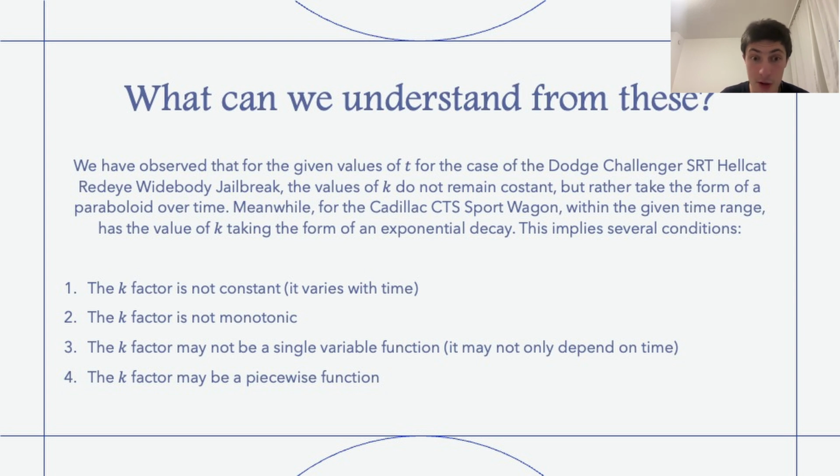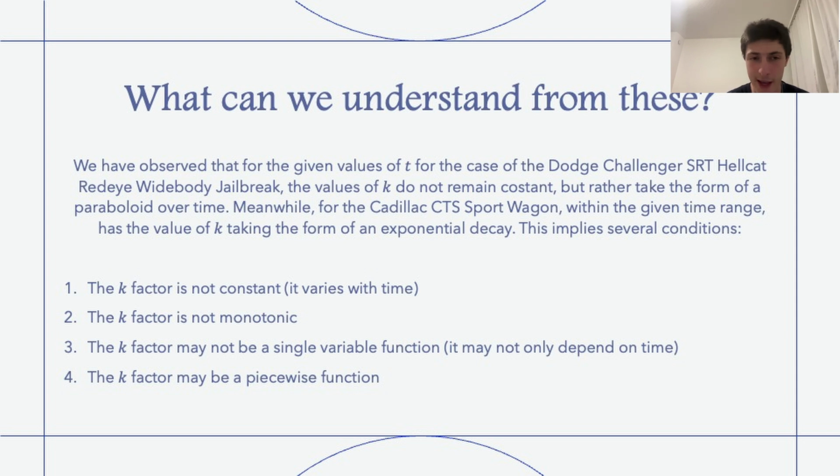And the k factor is not monotonic. That can be the reason: if we look at the Dodge Challenger SRT Hellcat Red Eye Wide Body Jailbreak, the trend that the k factor is following is a paraboloid curve. Meanwhile, for the CTS Sport Wagon it is an exponential decay.